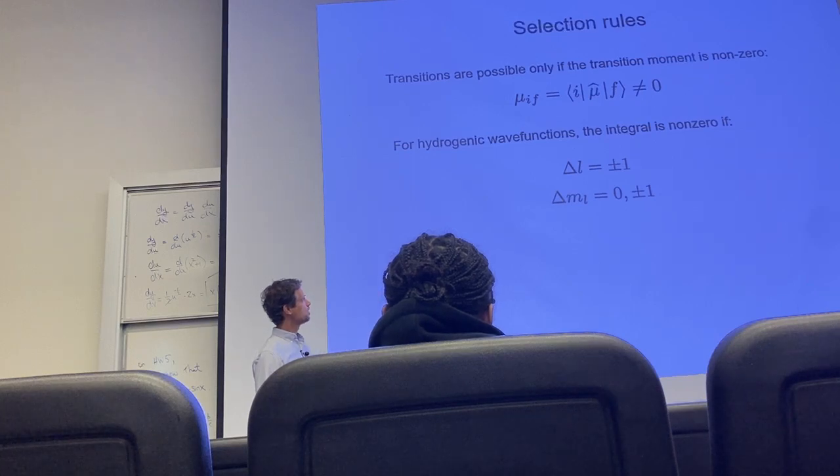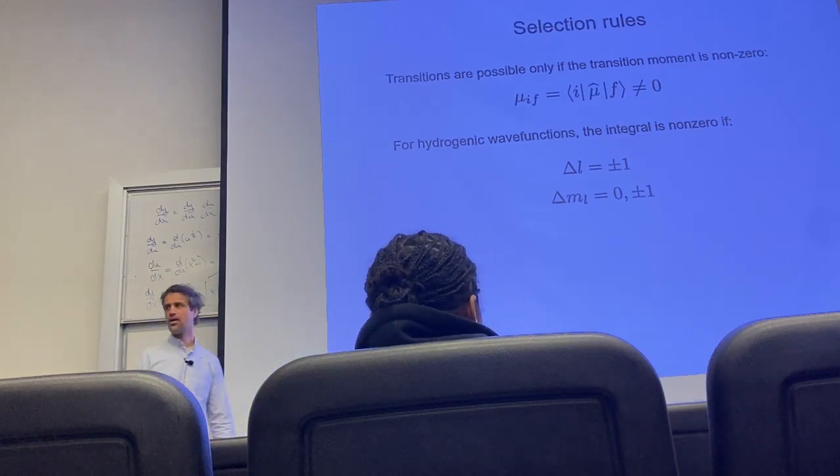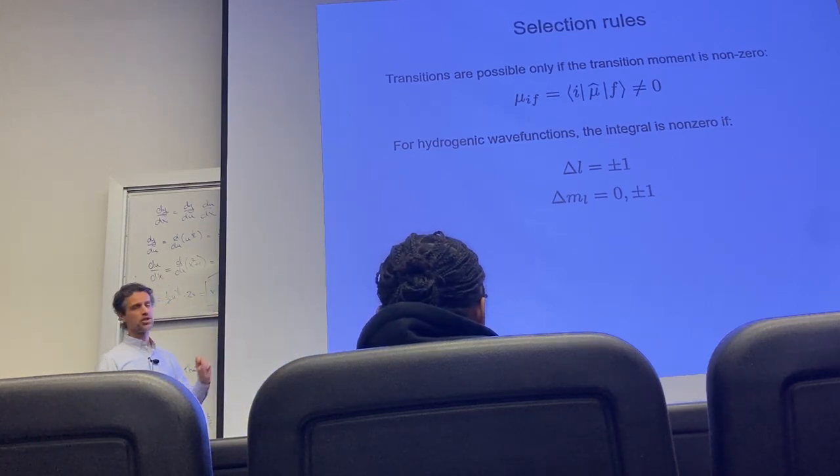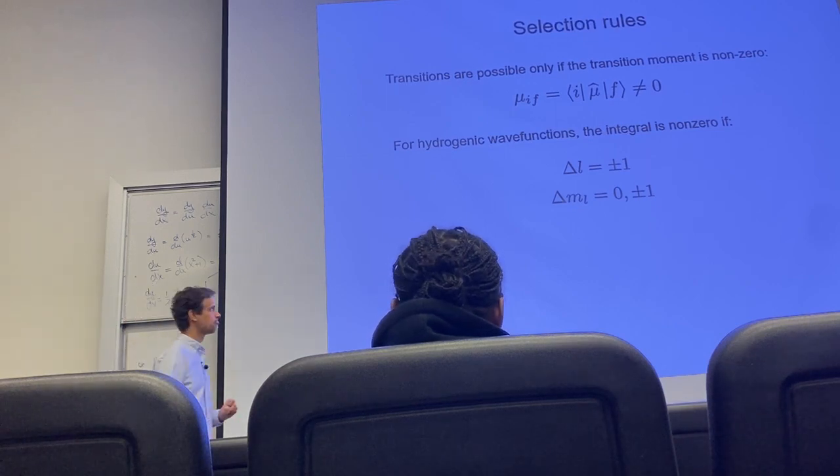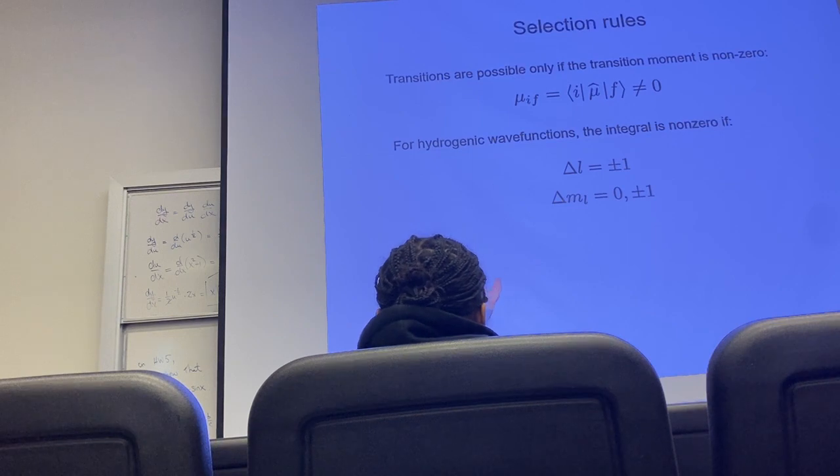There's another one, which is a restriction on delta ML, which is 0 or plus-minus 1. Okay? Which is almost automatically fulfilled if you do the top one. So the top one is the most important one. There must be a change in orbital angular momentum quantum number when you excite an electron from one quantum mechanical state to another state.